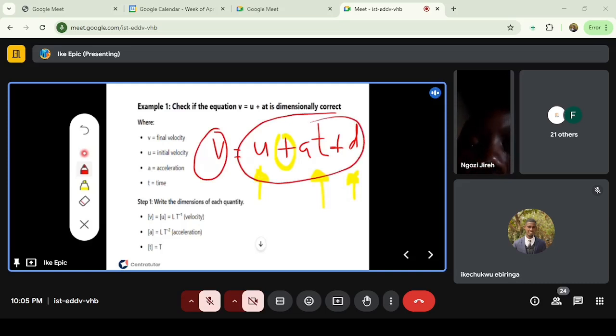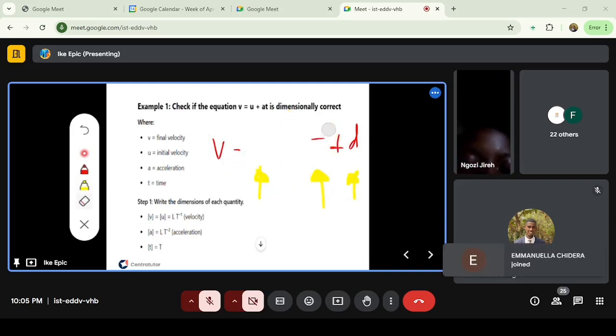On the right hand side, the plus sign splits it: one plus sign divides U and AT, and another plus sign that I just created divides AT and D. So U, AT and D will each be treated as an independent unit. You will see why I'm giving this explanation.